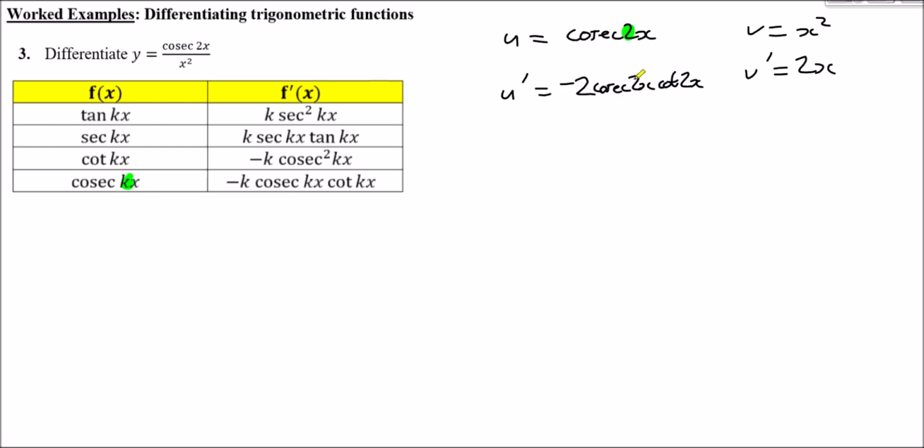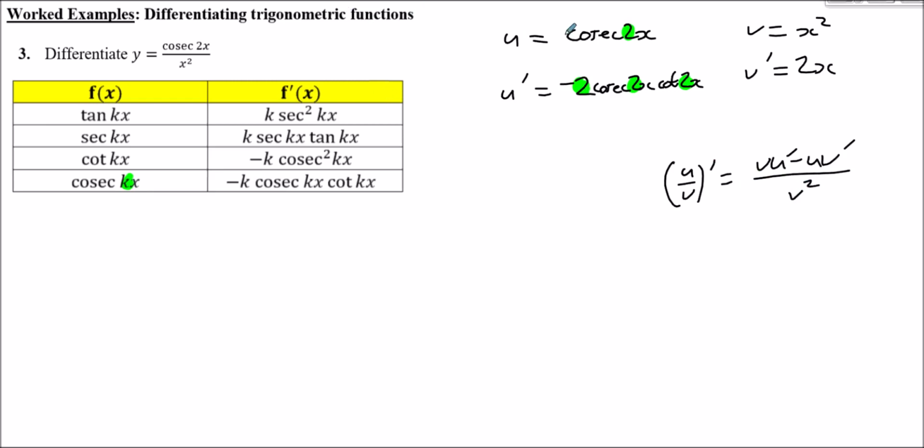So just using that result here, which we saw. Then remembering the quotient rule, u over v dashed is v u dashed minus u v dashed, all over v squared. So all we need to do here is fill in what our u, u dashed, v, and v dashed are.